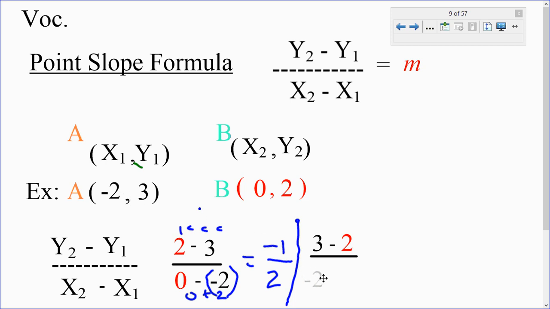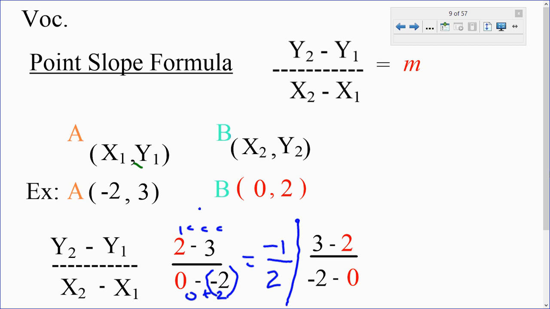So let me drag this over and put my negative sign there. And so that was my second coordinate. So let me get my first coordinate, which is 0.